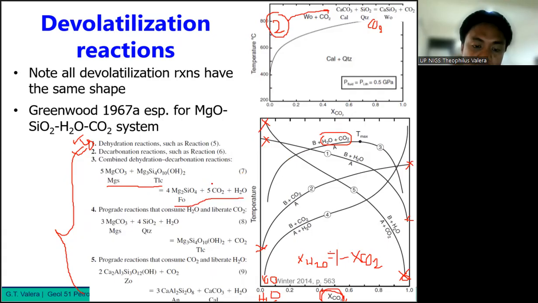If you have 6 volatile particles, only one of them is water, 5 is carbon dioxide. So naturally, the reaction pushes the fluid composition towards the more carbon dioxide rich side of our TX diagram.